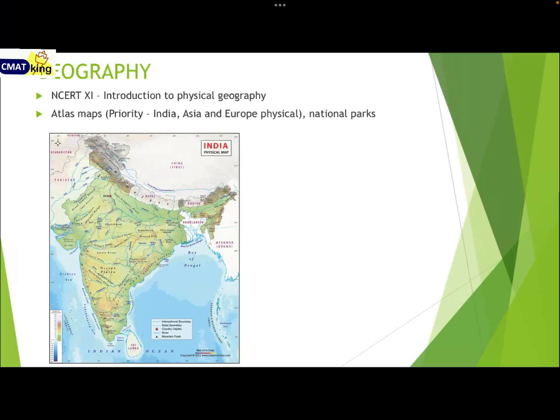So if there is a time constraint, then you can only go through those highlighted portions. The next important thing is the maps of national parks. I will also put a link in the description where I have prepared a map of all the national parks in India or the major ones, and you can study from there.